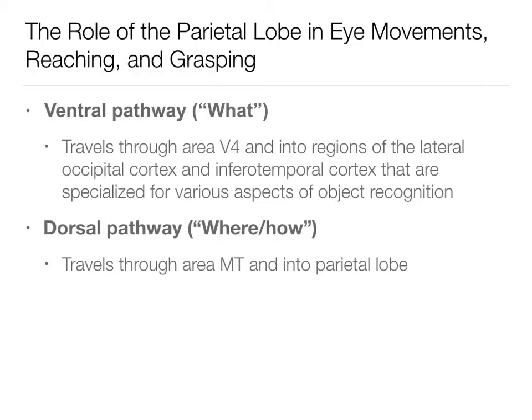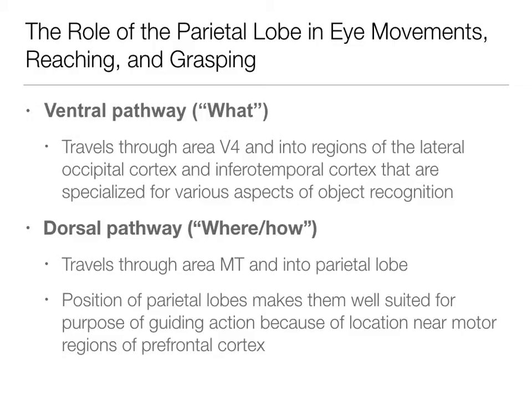We have to understand where things are, how to get them, what they are, to be able to act on them. And the parietal lobe is really well suited for this based on where it's positioned in the brain.